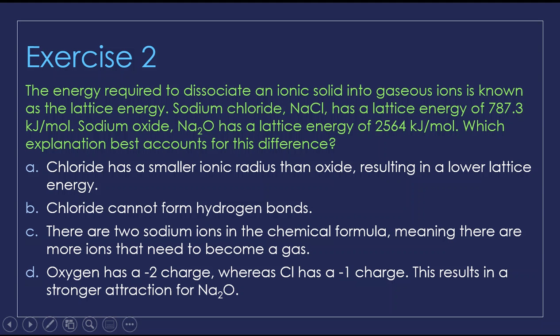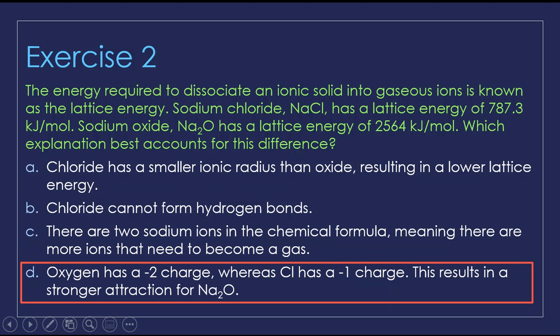However, they say chloride has a smaller ionic radius than oxide. That's one that might catch somebody, and they might be thinking the reverse and mark A because it sounds like it should be, but it is completely incorrect. So yes, oxide has a -2. The sodiums are still going to be +1. So the magnitude of charge caused by that is going to increase the lattice, make the bond strength much larger.